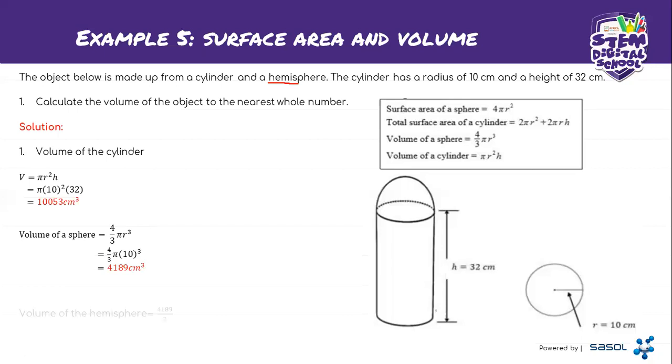Thereafter, since we need the volume of the hemisphere, we just divide by 2, and it gives us 2,095 centimeter cubed.